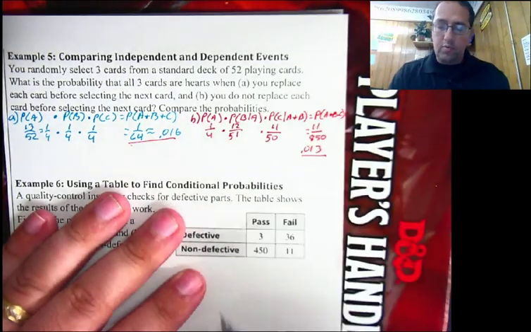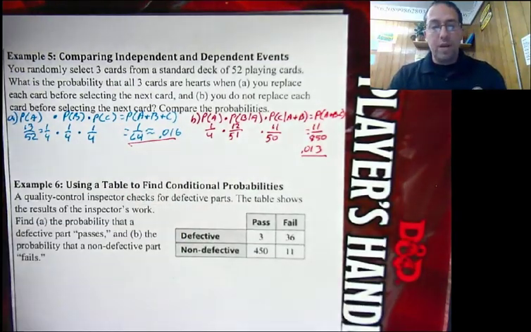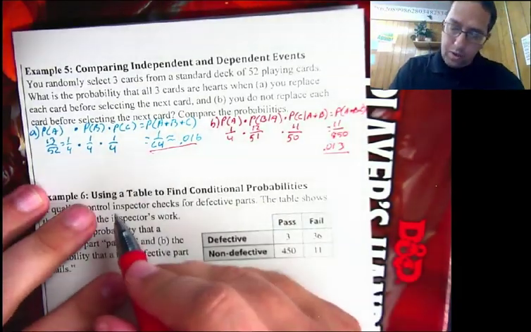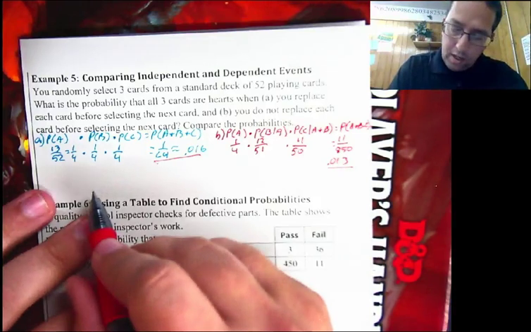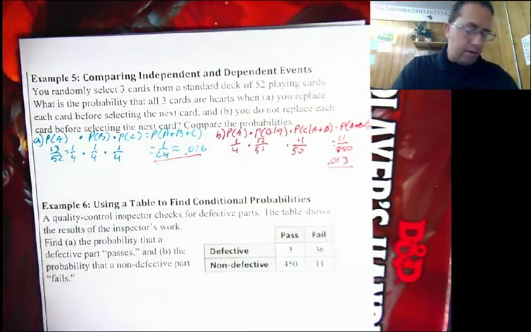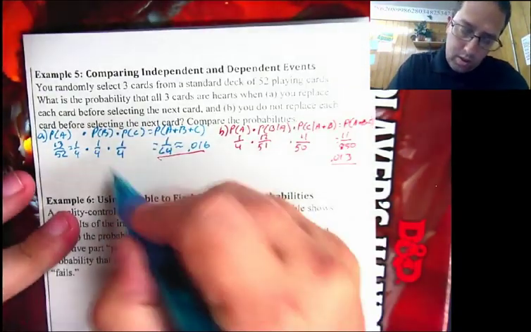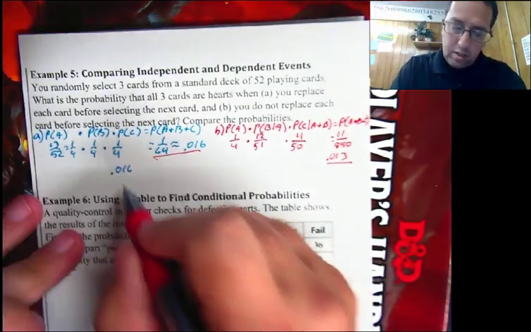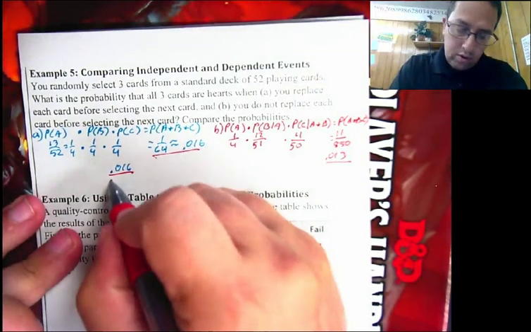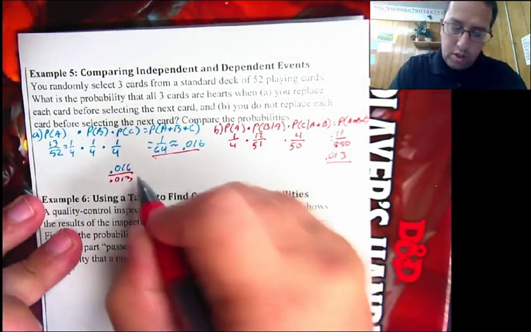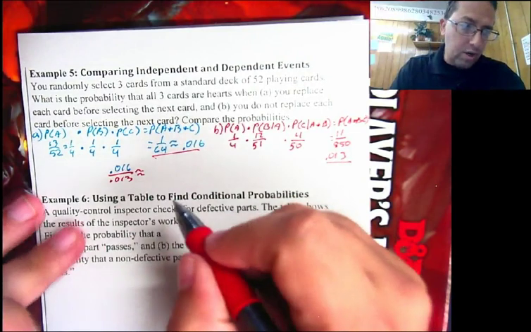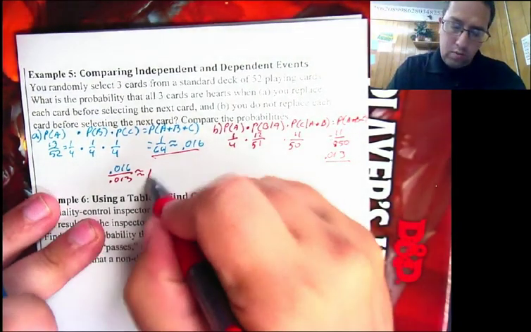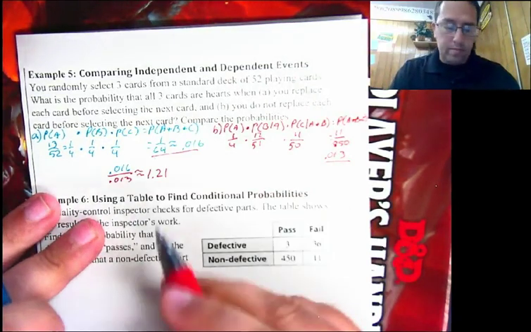So there's the probability if we replace the cards. Here's the probability if we don't replace the cards. Now it wants us to compare these, so we're going to do this as a ratio. So what we have is 0.016 over 0.013, which is approximately 1.21.